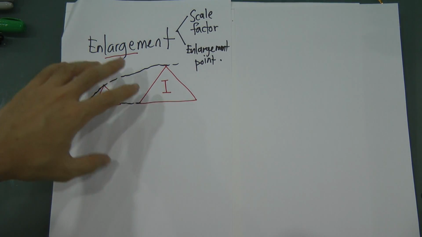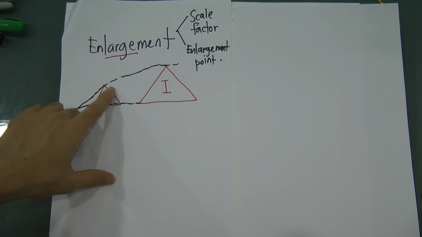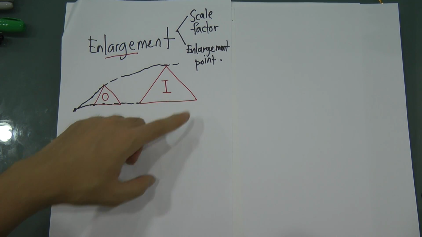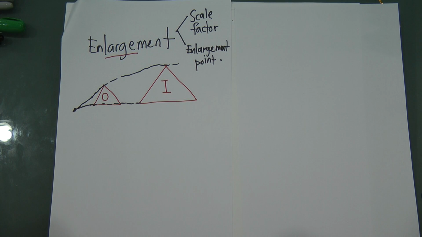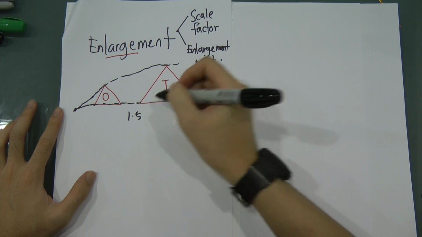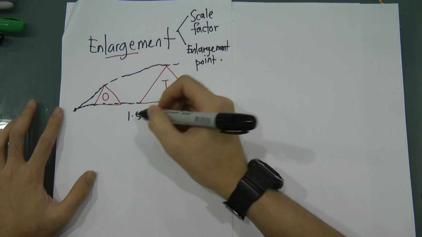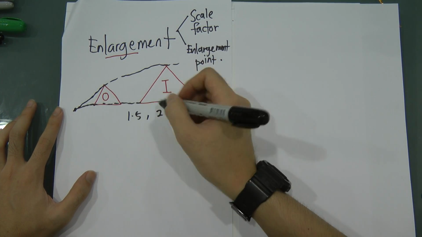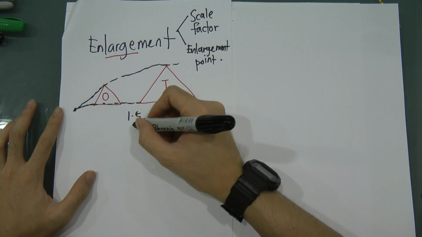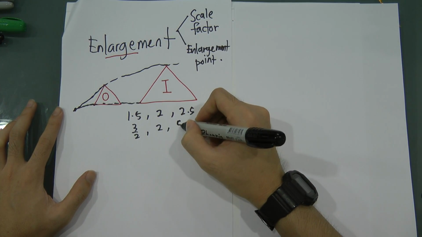However, this is just an example. First, if the object is smaller and the image is bigger, the scale factor we get is a number like 1.5, 2 or 2.5. Sometimes they write it as a fraction, so you will see something like 3 over 2 or 5 over 2.